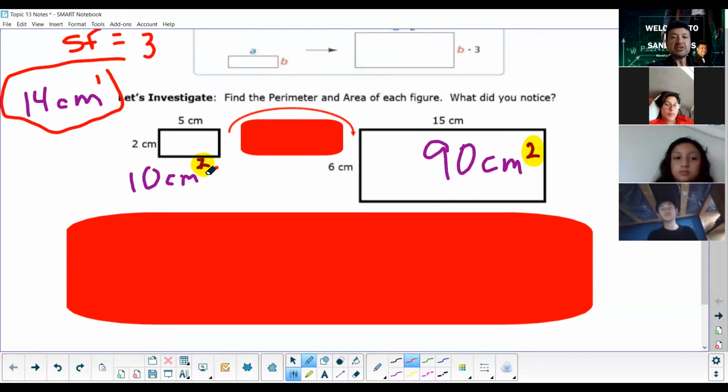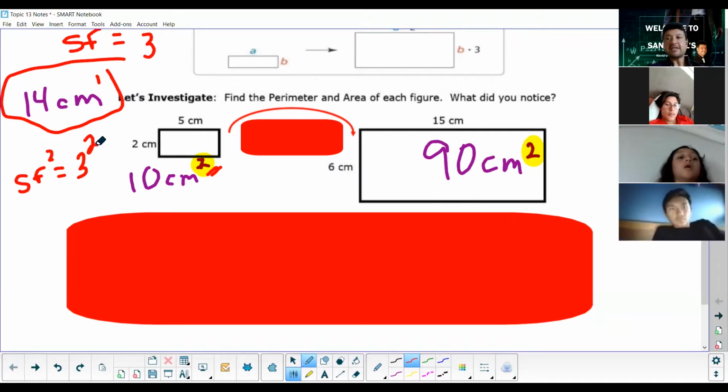But when you see the square, you also need to take the scale factor and square it. So this is how you could guarantee that's going to be 9. And then from there, you could do 10 times 9 and come up with that amount. Does everybody notice that? Okay, but it all initiates with looking at the units.